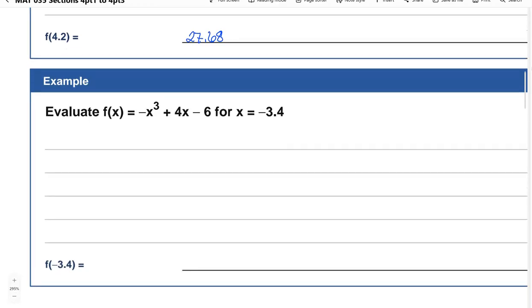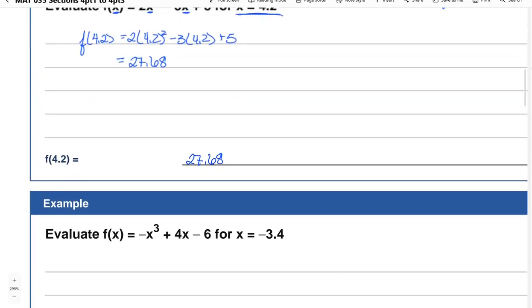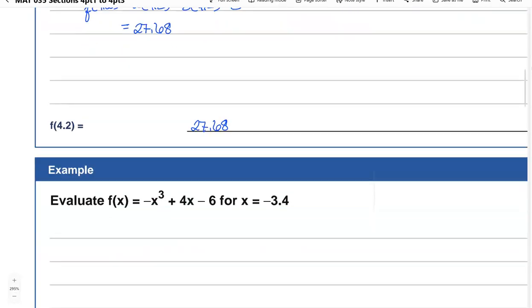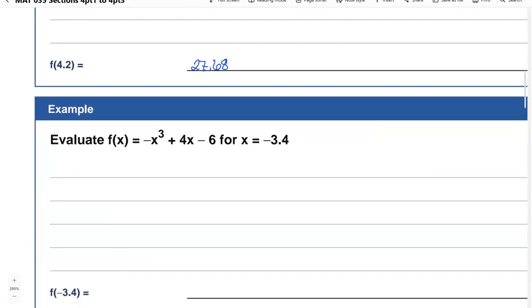Okay, those parentheses that we put around our x value are going to be really important when we use negatives. So let's say we want to evaluate the next one. We have f of x is equal to negative x cubed plus 4x minus 6. They want us to plug in a negative 3.4. So we're going to do the same thing. It's going to be negative, parentheses, negative 3.4 cubed plus 4, parentheses, negative 3.4 minus 6.